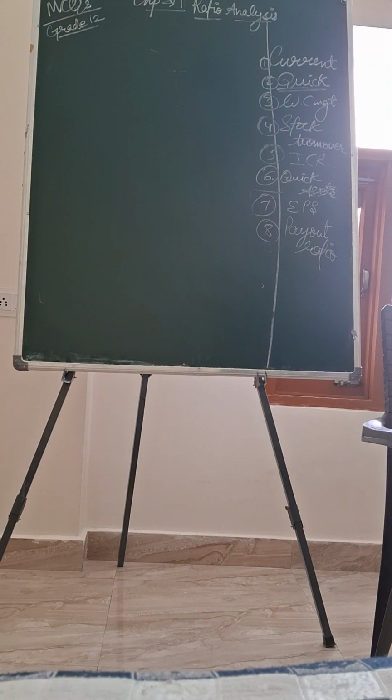Then another important thing when we are doing the ratios is the accounting convention everyone knows: average stock over COGS. Stock turnover we have already done, current assets over current liabilities we have already done, liquidity ratio is 1:1.